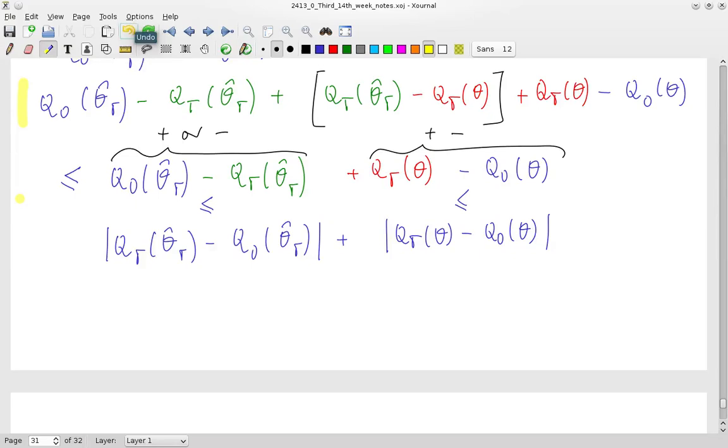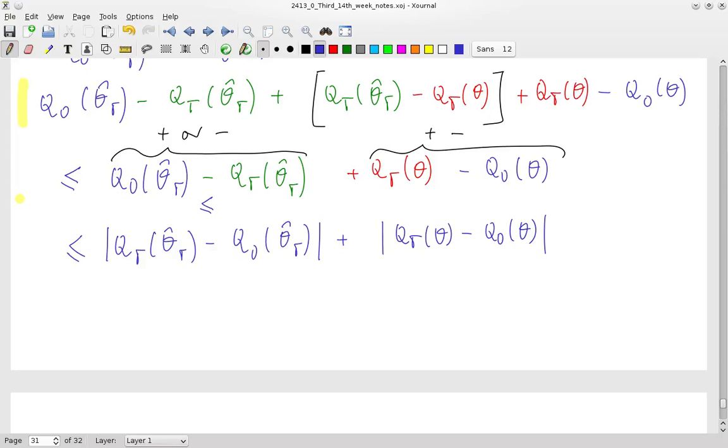Which means that if I compare this line with this line, I have again an inequality relationship that works for me, in the sense that the previous line gives you a value that is less than or equal to the value of the last line.